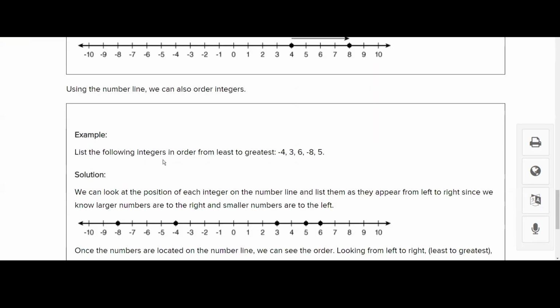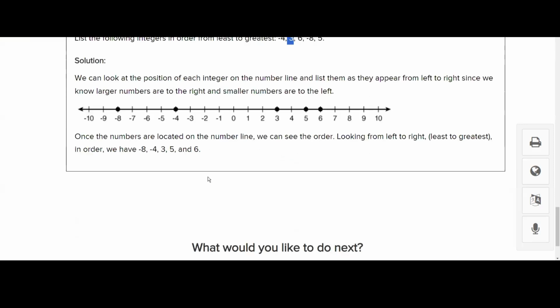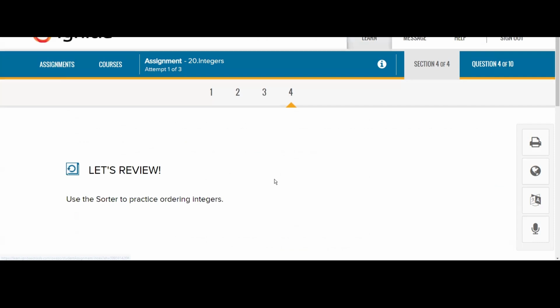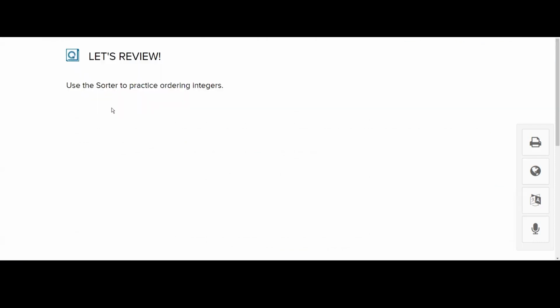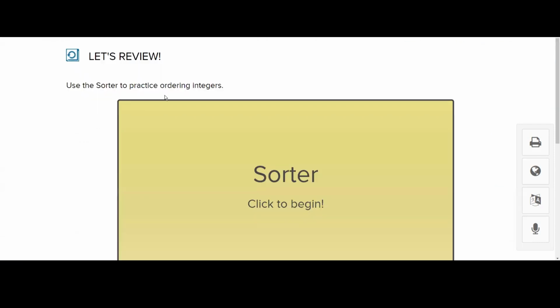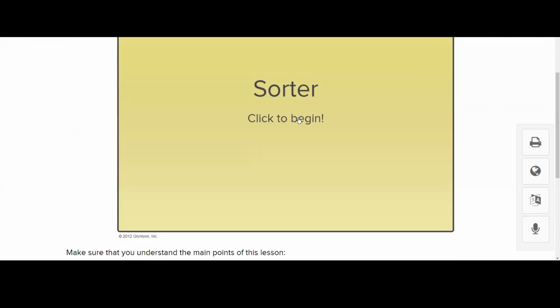List the following integers in order from least to greatest. The least is -8 because it's always to the left, then -4 followed by 3, then 5, and 6. Next, use the sorter to practice ordering integers. So let's see it.